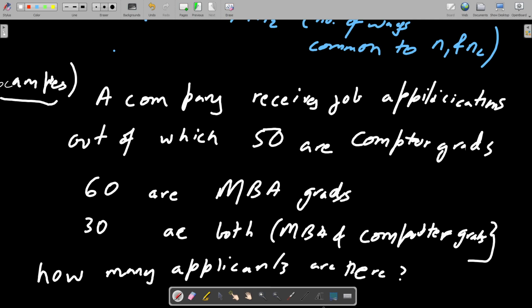So think about this for a moment. How many applicants can you have? So how many possibilities are there? 50 of them I know surely have a computer science degree. 60 of them have an MBA degree, right? And 30 of them have both.